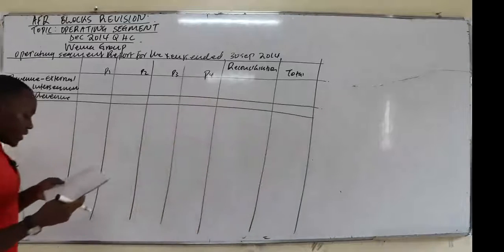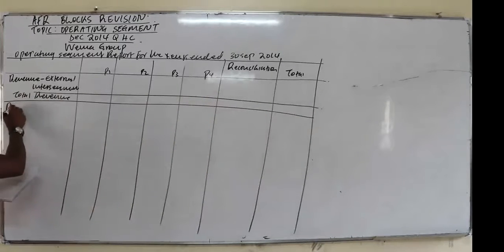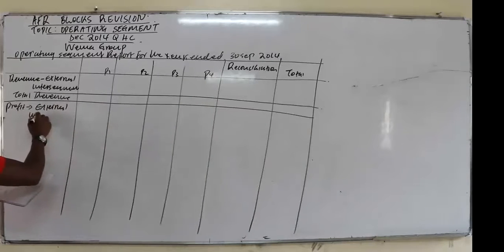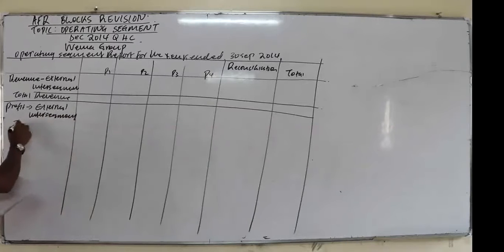Then you are also given the segment profit. So you get the profit. Also, you have to separate that external and intersegment profit. Then you get total profit.